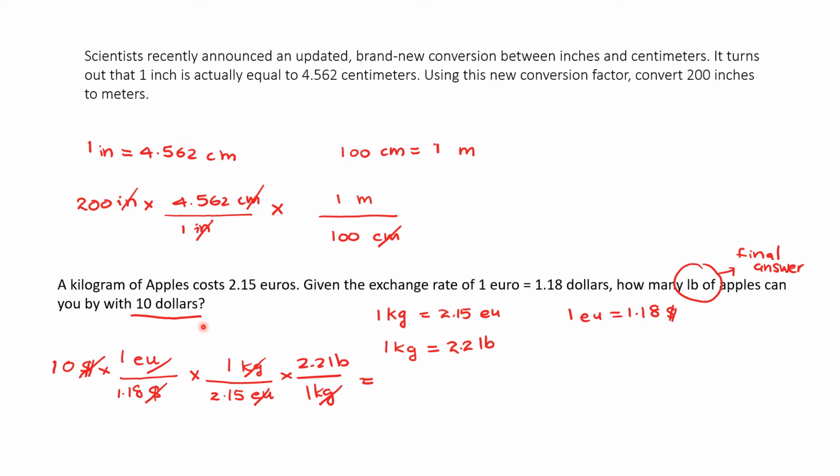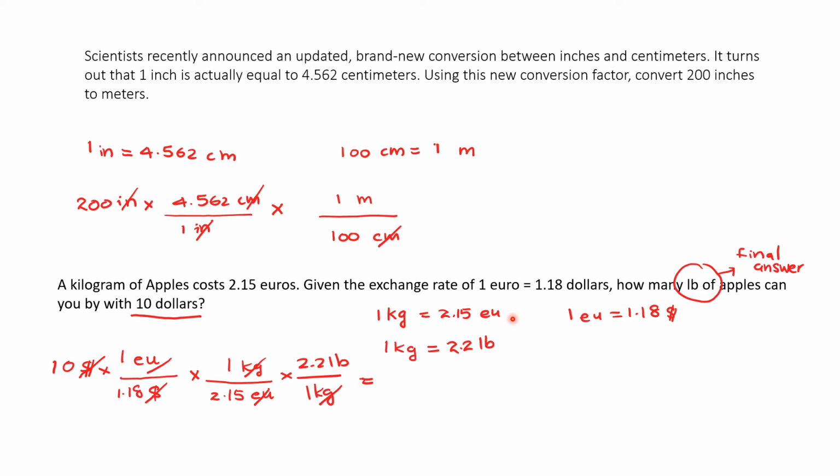First start with your starting point $10 and we are going to write down this information in a fraction in such a way that dollars cancel out to dollars and we are going to end up with euros. So now we have to convert this to kilograms. So we have another information here, 1 kilogram equals 2.15 euros.